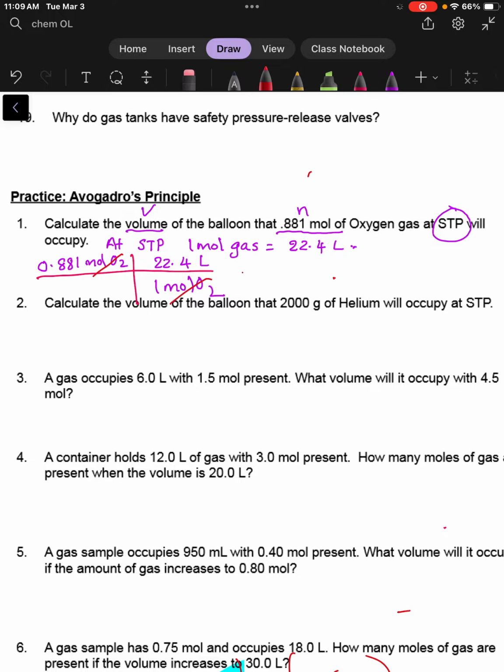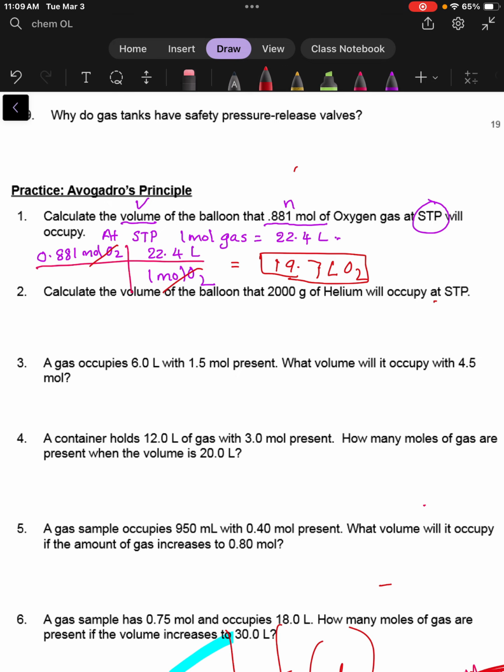If moles are converted into liters, multiply, and there is only one on the bottom, so you don't need to divide. Write 3 sig figs, so it is 19.7, and the unit is liters of oxygen.